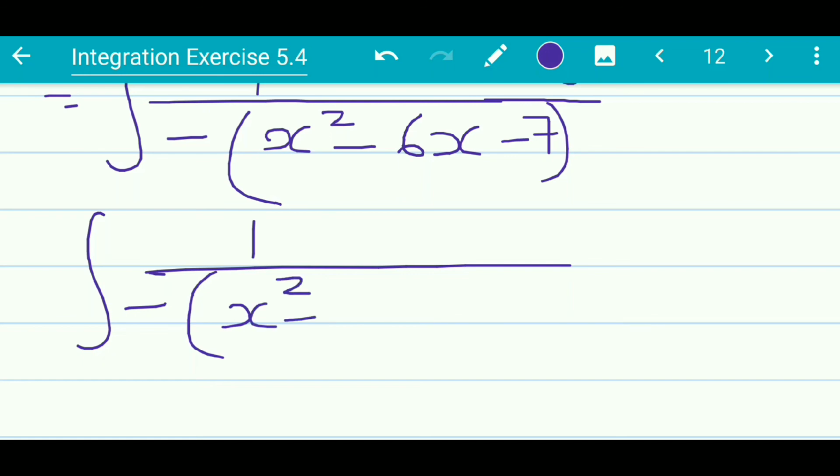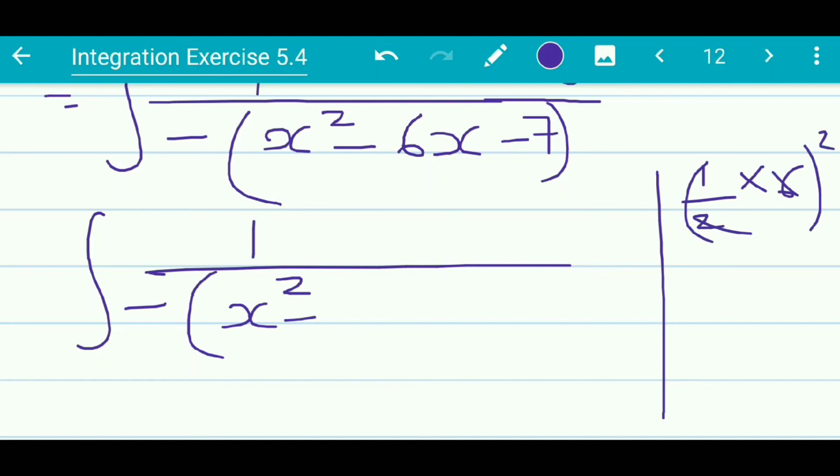So x square minus 6x, the same procedure: half the coefficient of x, the whole square. In this case, half of 6 the whole square. Half of 6 is 3. So 3 square becomes 9. So we get x square minus 6x plus 9 minus 9 minus 7.